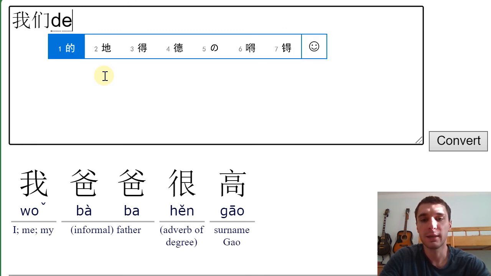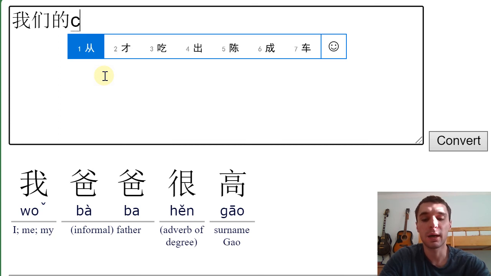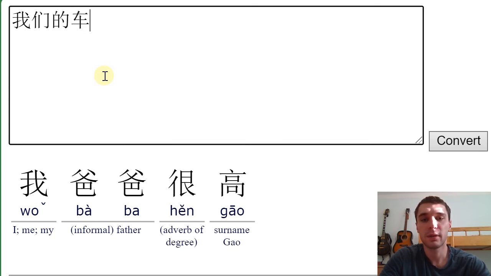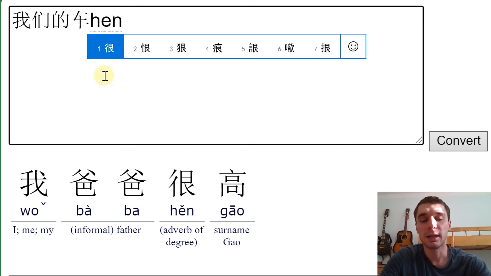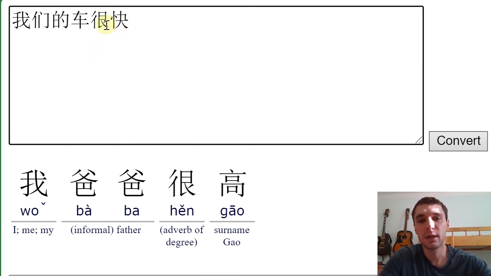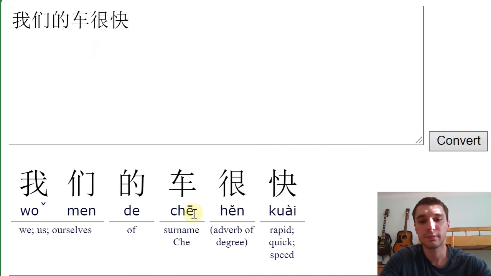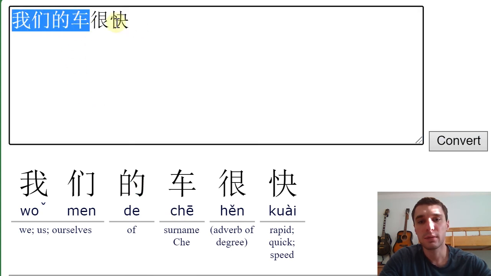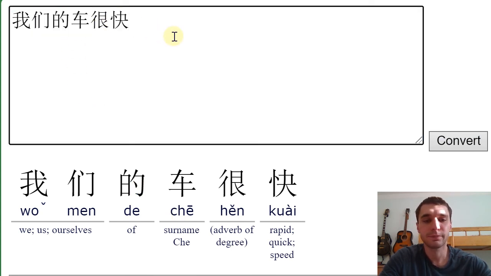I add 的. 我们的 car. 车 very. 我们的车很快. Right? 快 means fast. 很 I use to link this noun to this adjective.